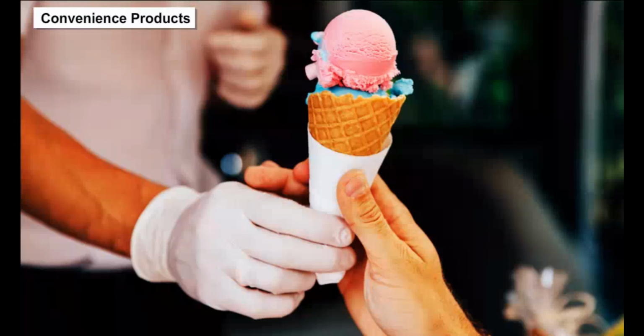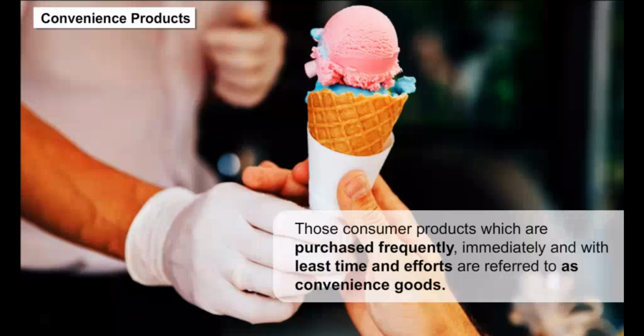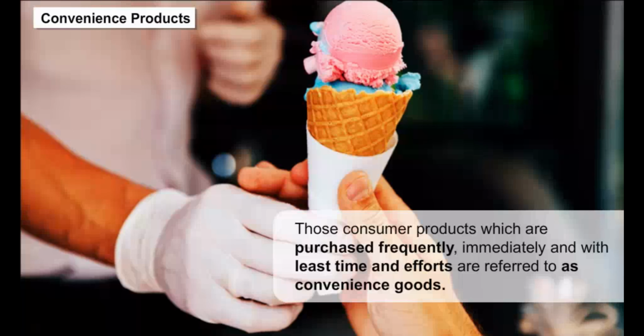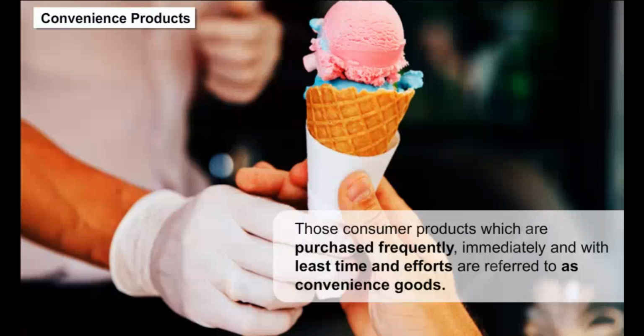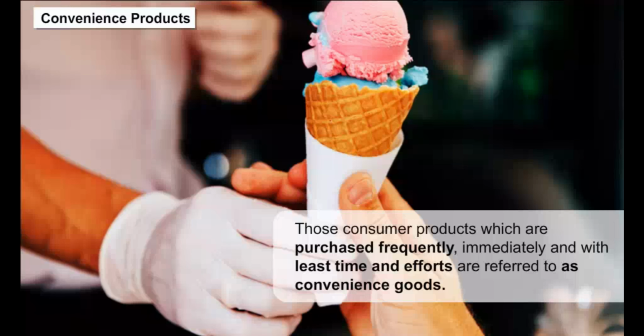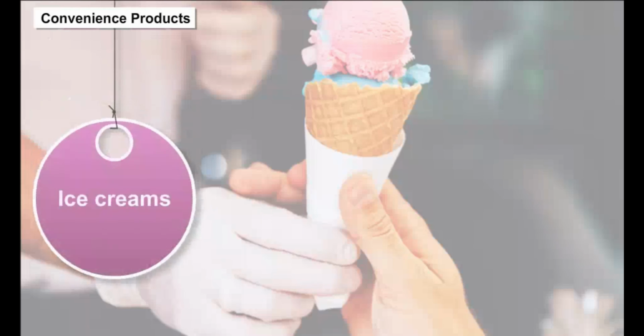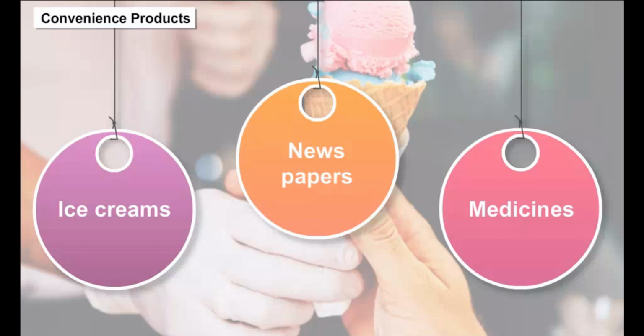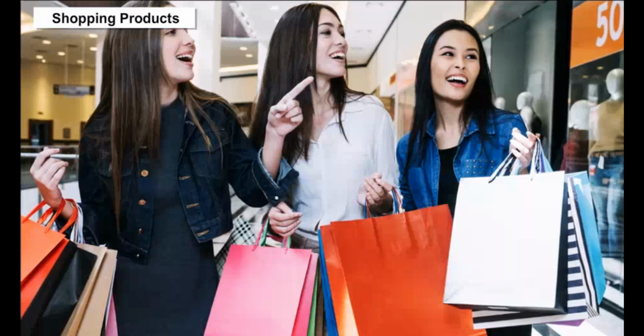Convenience products. Those consumer products which are purchased frequently, immediately, and with least time and effort are referred to as convenience goods. Examples of such products are ice creams, newspapers, medicines, etc. Shopping products.